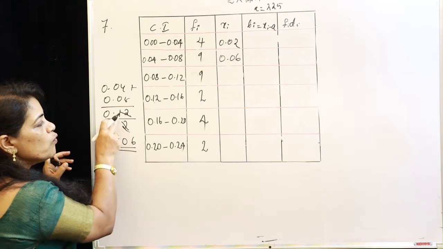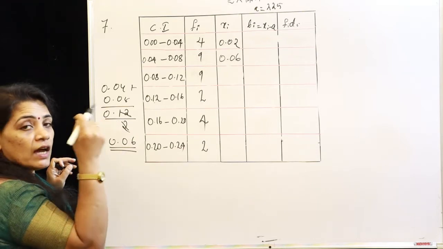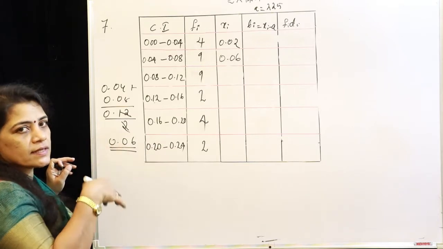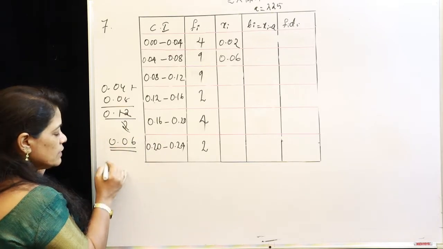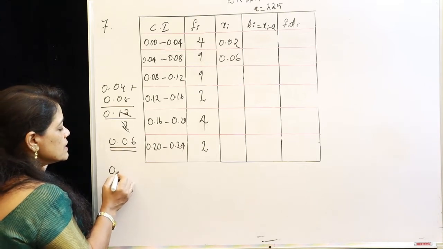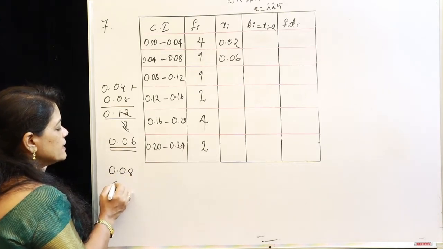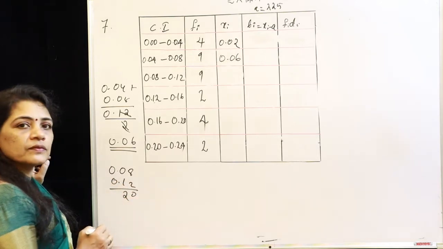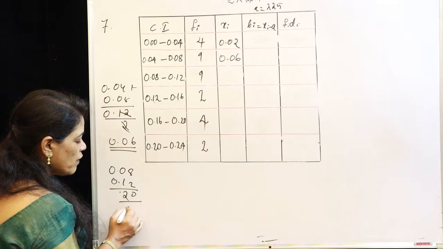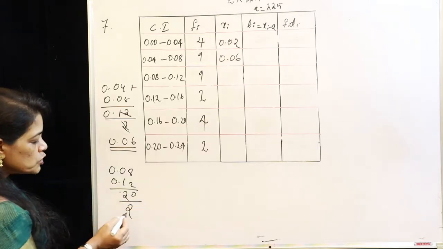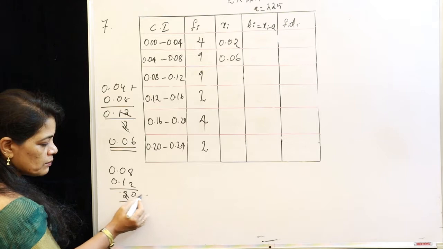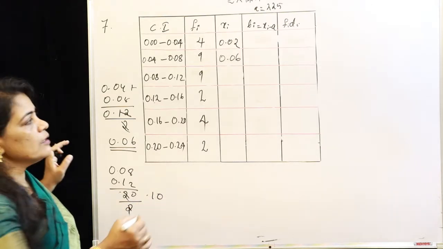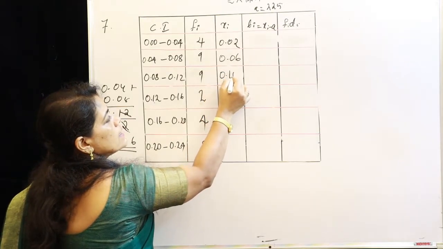Two in 12, 6 times. We take the decimal point and 0, then in 12, 6 times. One more example, the third class mark: 0.08 and 0.12 make 0.2, and 0.2 divided by 2 is 0.10.